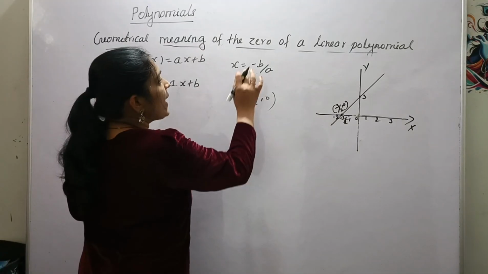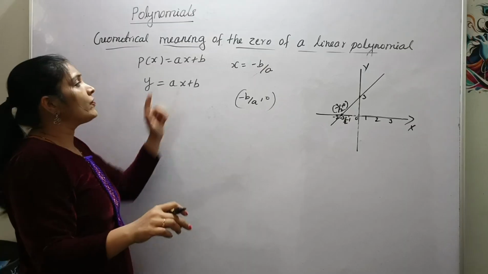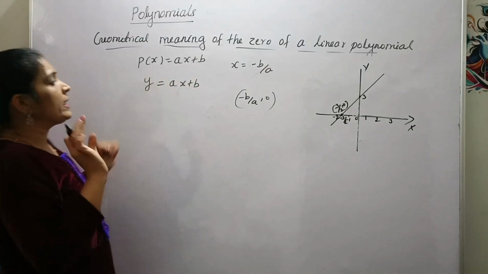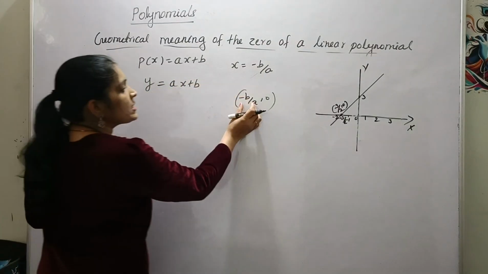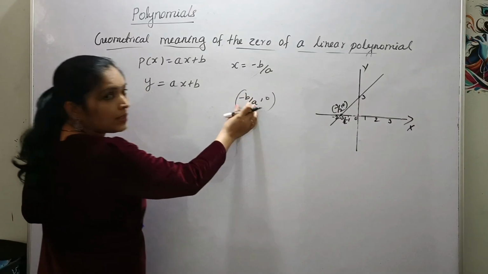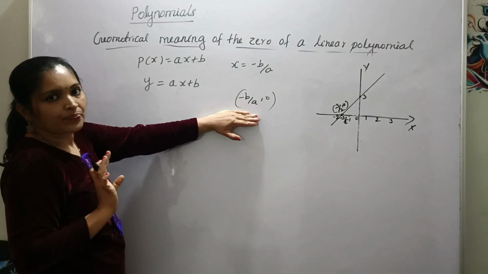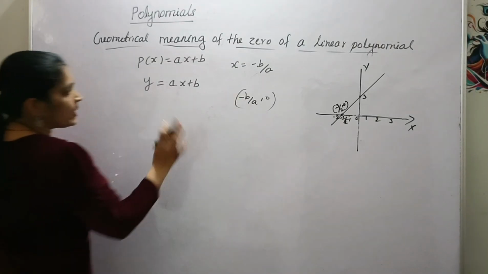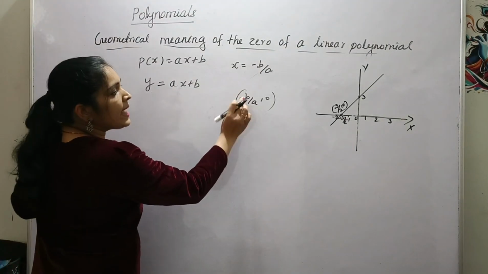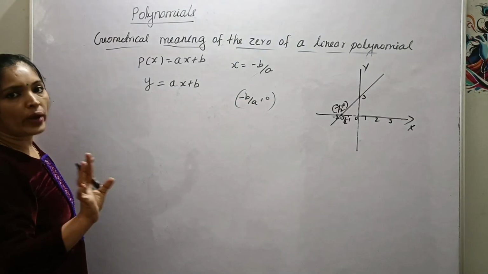And here we know that x is equal to minus b by a is the zero of this polynomial. So we can say this minus b by a is the x coordinate of the point where the graph intersects the x-axis. So the zero of the polynomial is the x coordinate of the point where the graph intersects the x-axis.